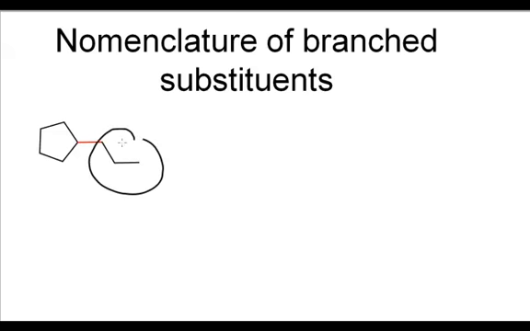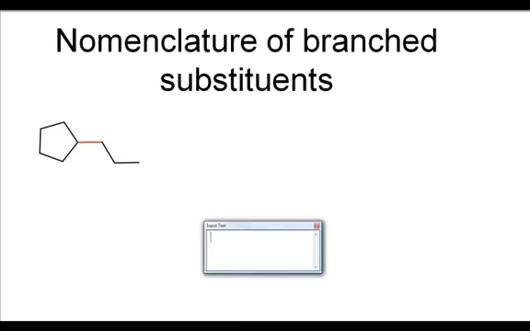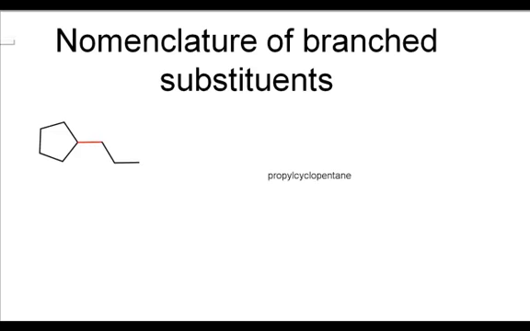So here's my 3-carbon attachment. It is unbranched. So this one is pretty straightforward. I'm sure that you could handle this. The name for this molecule would just be propylcyclopentane. Propylcyclopentane. Pretty straightforward, I think.